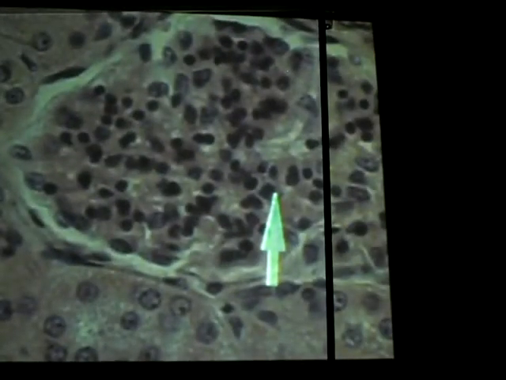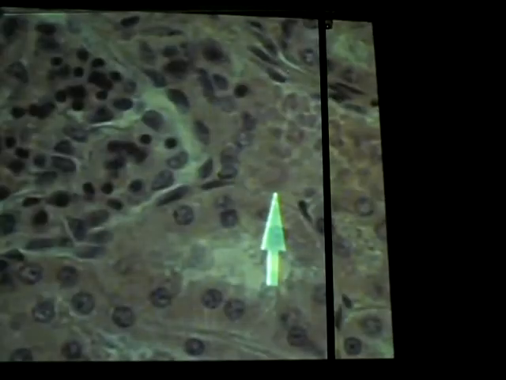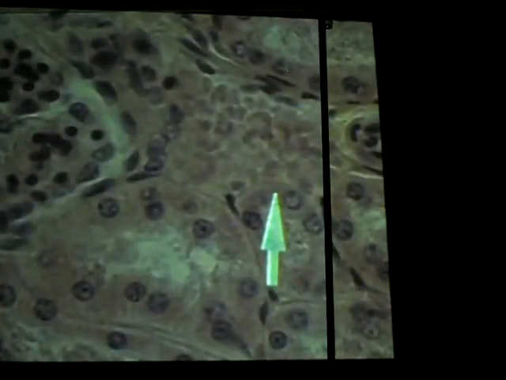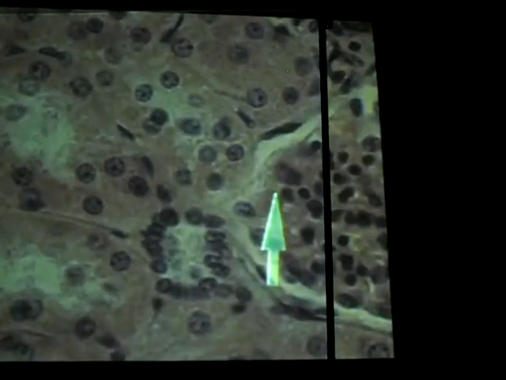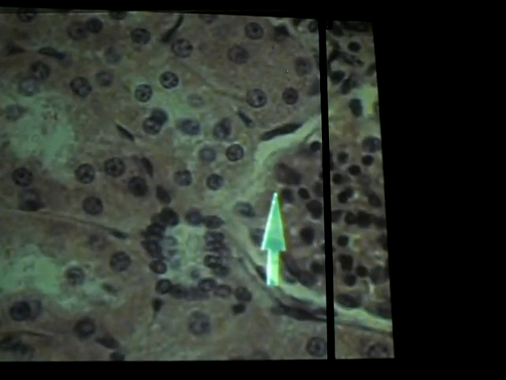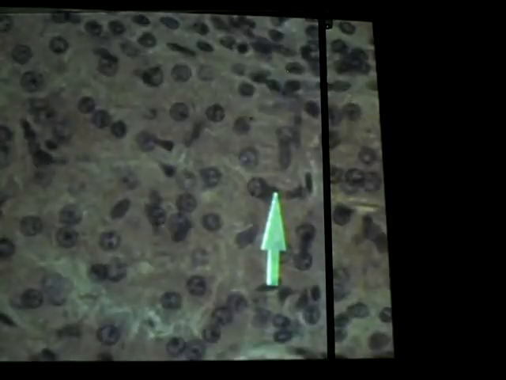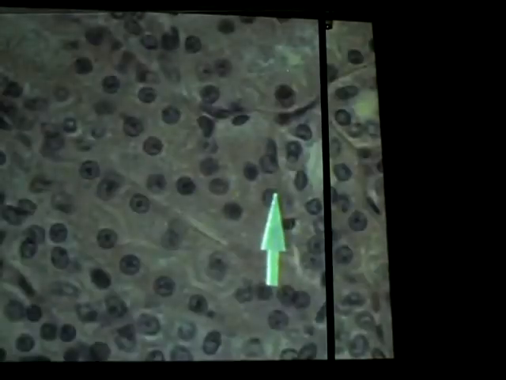You're always looking for your distal convoluted tubule on the side that's facing the glomerulus, where you see the cells bunched together. Let's see if I can find another example.